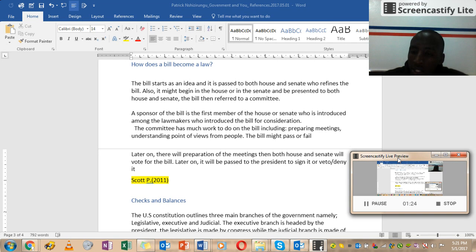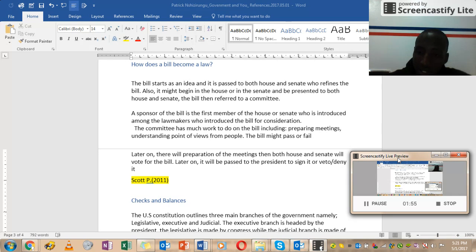So let's see the process by which a bill passes or fails. Later on, there will be a preparation of a meeting. Then both the House and Senate will vote on the bill, so there will be a debate about the bill. Depending on the votes, it will then go directly to the president. The president has to sign or veto the bill.